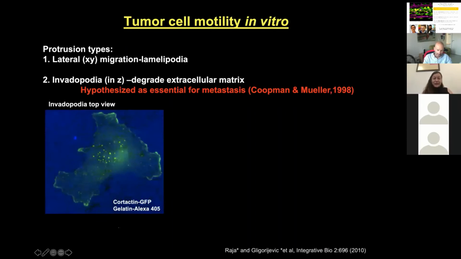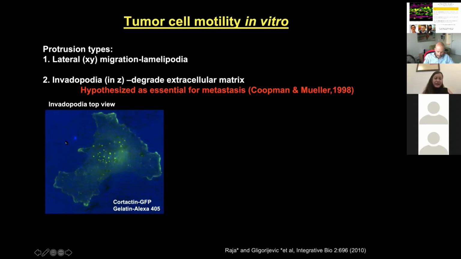So invadopodia top view would look something like this. In this picture, we have a cancer cell labeled by cortactin-GFP, one of the actin-associated proteins. And you can see a little bit of cortactin on the lamellipodia, on the edges of the cells, but it is mainly concentrated in these puncta that we call invadopodia.